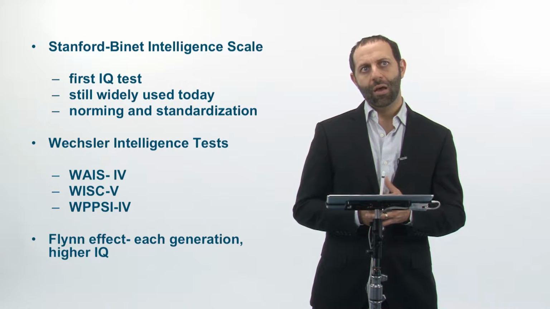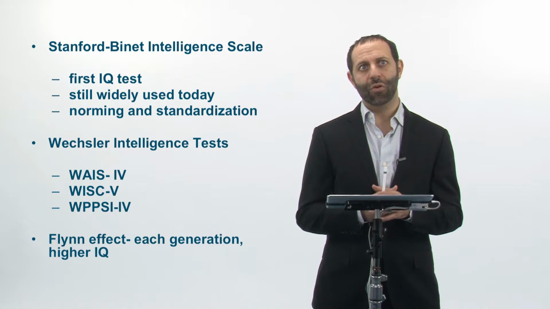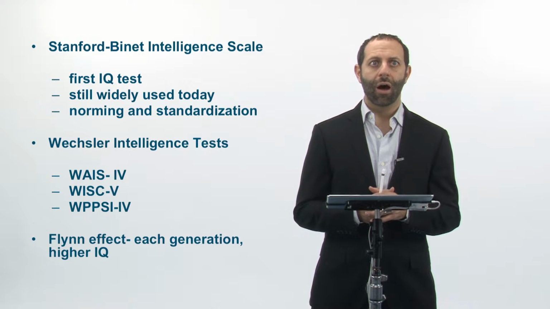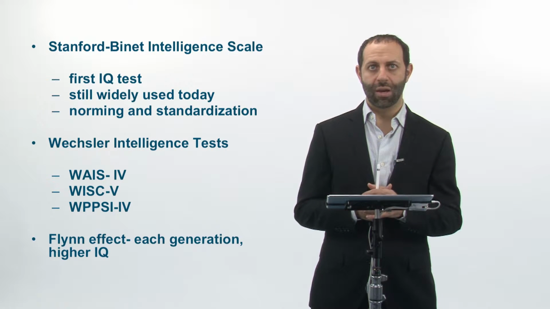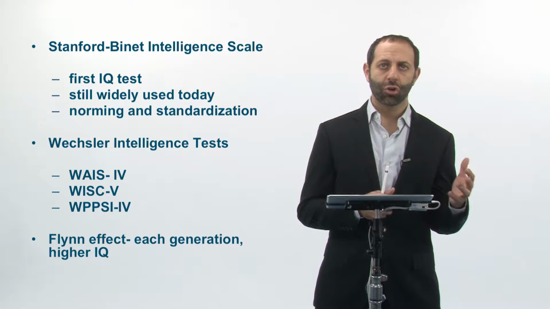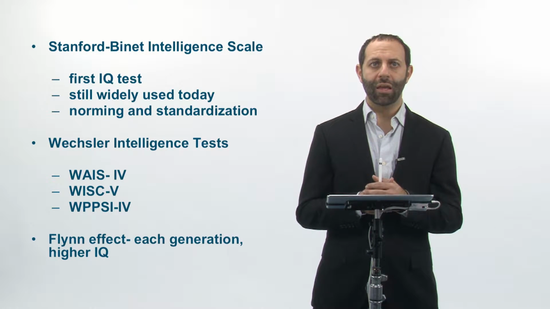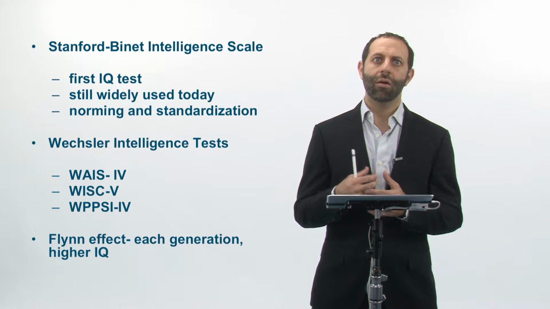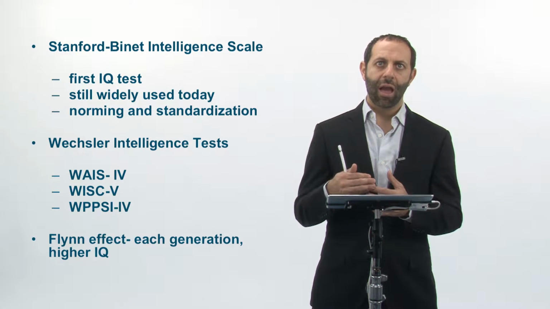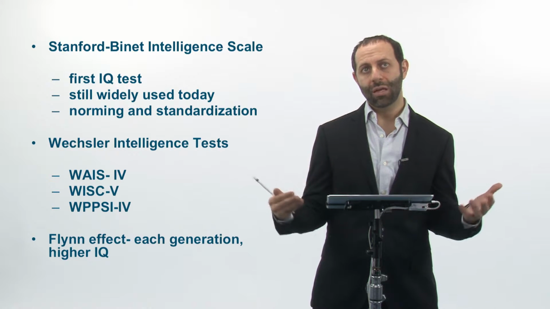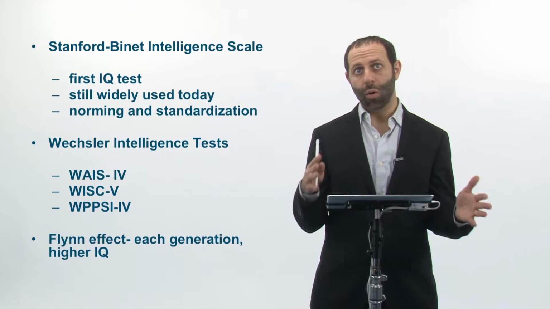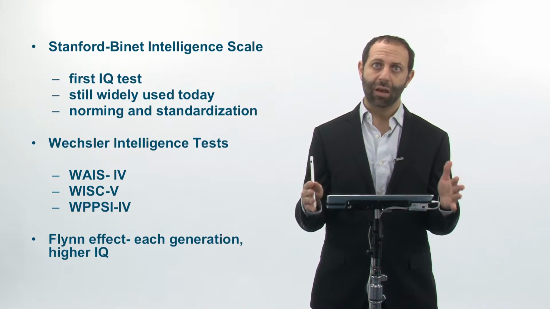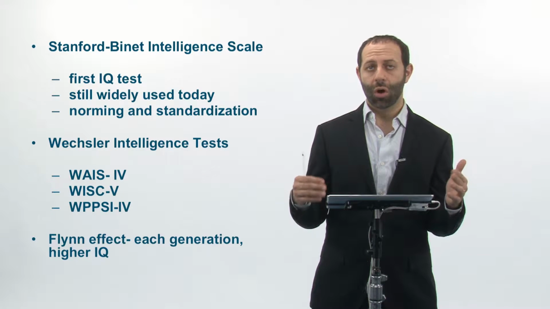The Stanford-Binet was regarded as the first IQ test to be developed, and it is widely used today. I believe it's in its 5th edition right now. The Stanford-Binet is used for children and adults, and it is based on normed data, meaning it's been standardized and administered to many children and adults in order to develop a set of norms, or what would be the normal score that one should expect relative to a person's age or education.